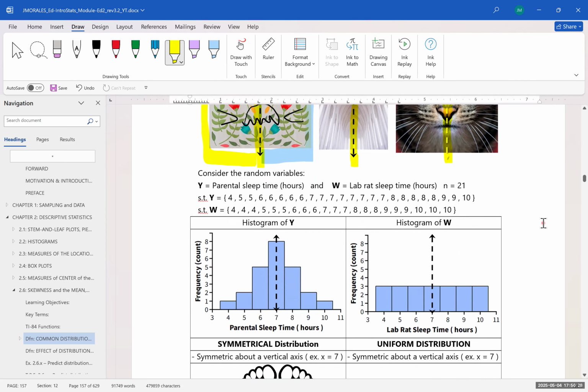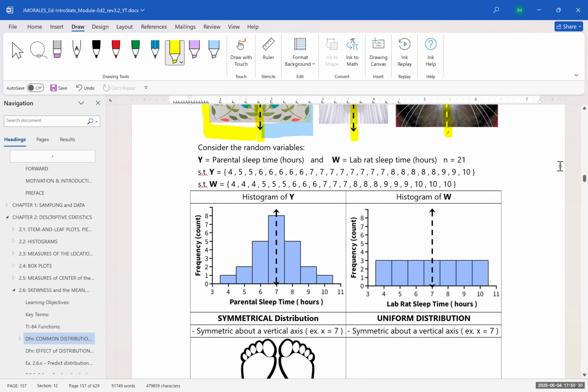Now, let's bring this to statistics. Let's consider these two random variables. We have random variable y, which represents parental sleep time in hours. Here's random variable y, and here are all of the parents who were asked how many hours of sleep they get each night.